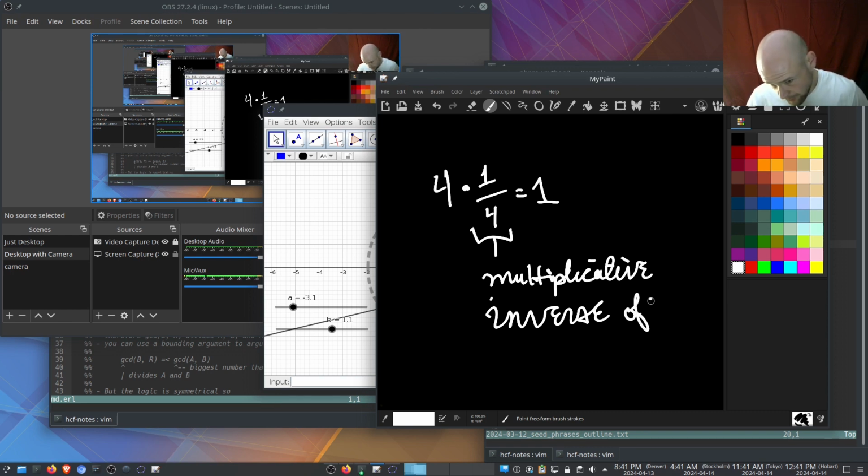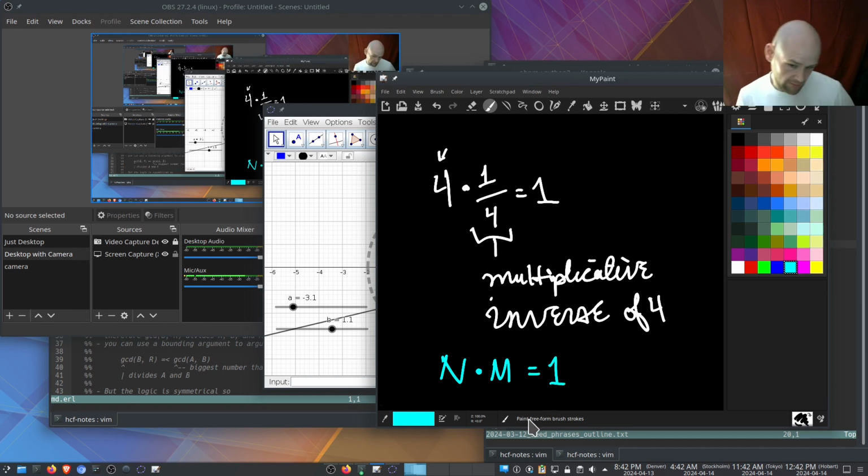What matters, the definition of a multiplicative inverse of anything: the multiplicative inverse of n is some number m such that n times m is equal to 1. And then what is 1?